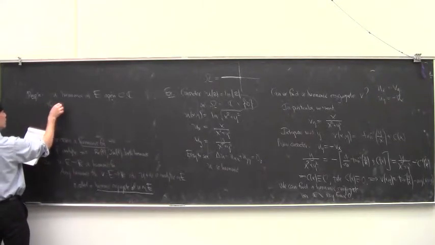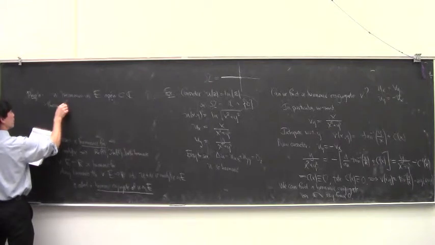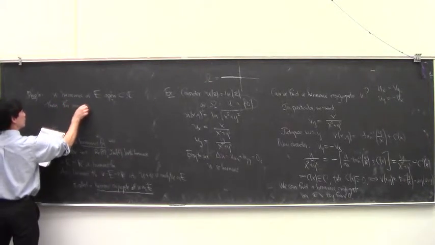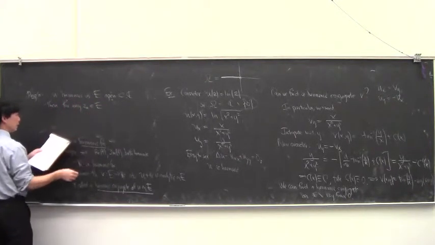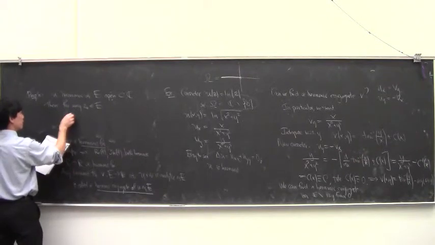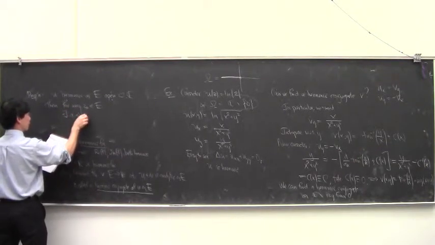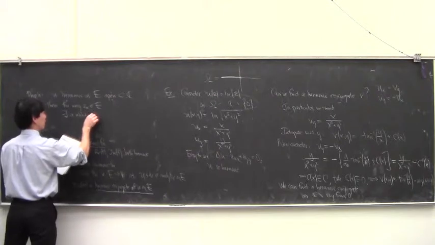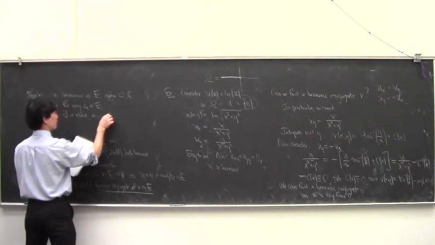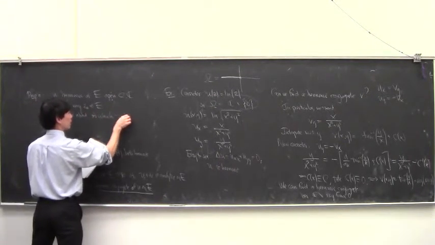Then for any z0 in the open set, there exists a neighborhood in which u has a harmonic conjugate.